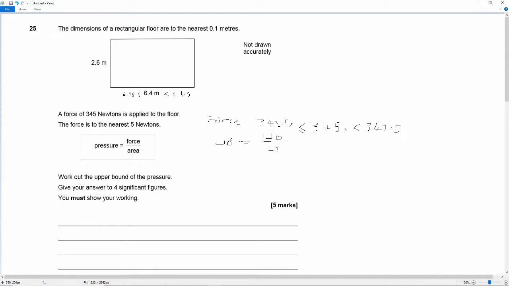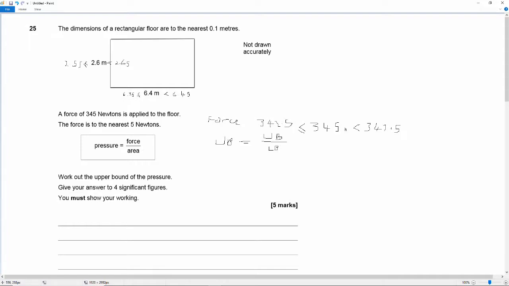Now 2.6 meters, so again we're taking 0.05 away, so that's 2.55. And then less than 2.65. So those are all our bounds.